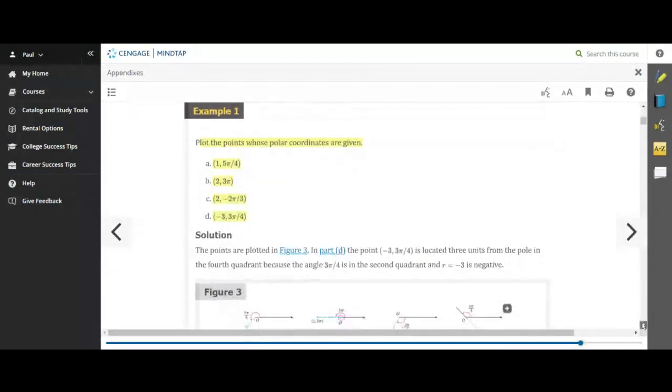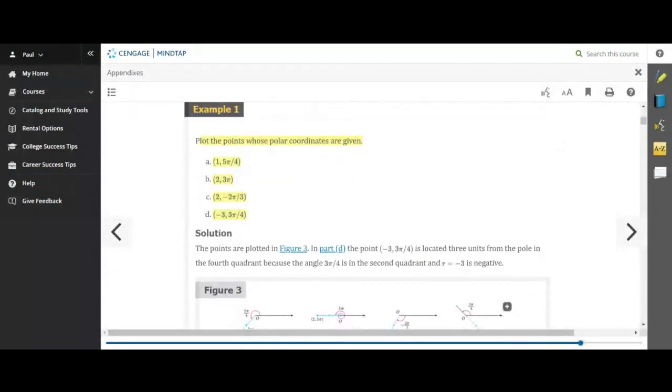Okay. So let's look at a few examples here. In example 1, they want you to plot the points whose polar coordinates are given. Like for A, you have (1, 5 pi over 4). So 1 is the radius, and 5 pi over 4 is your angle. Now, it always helps to convert angles into degrees.